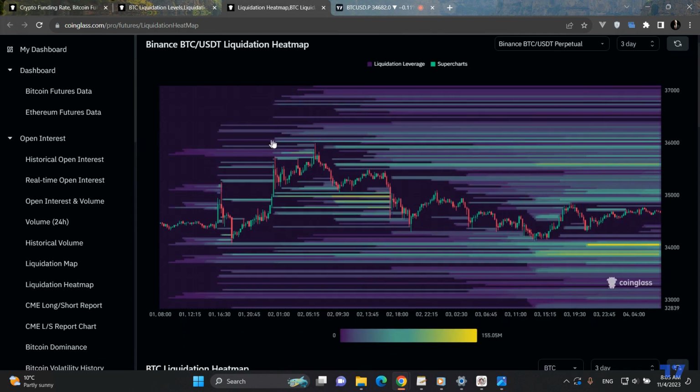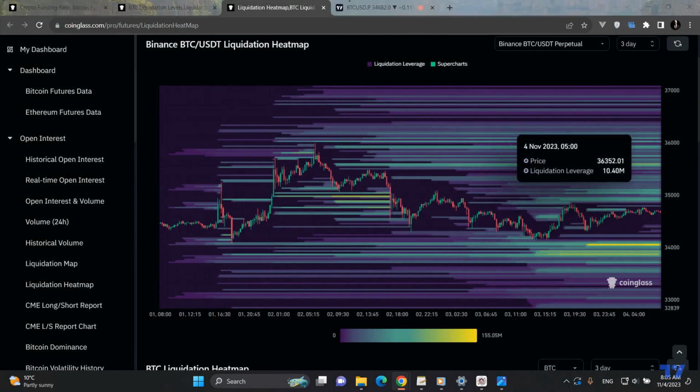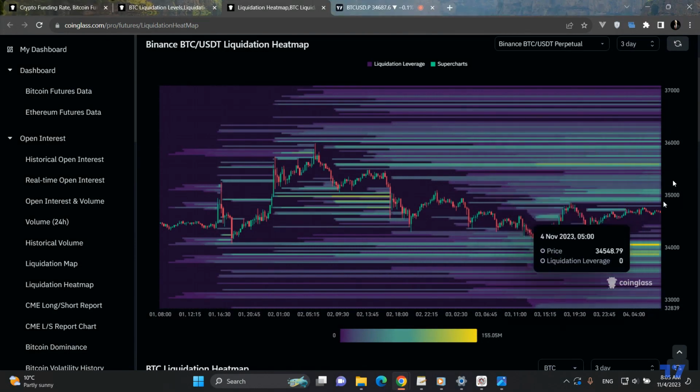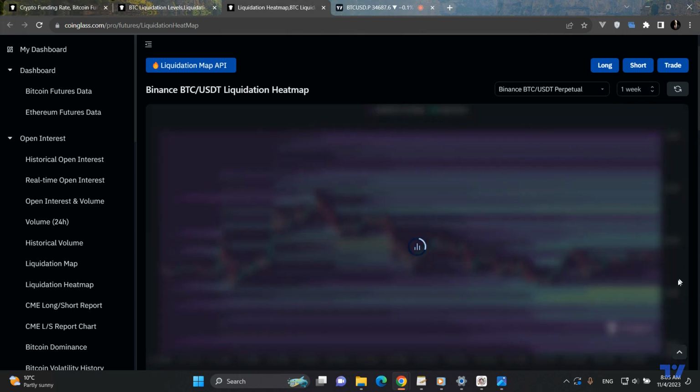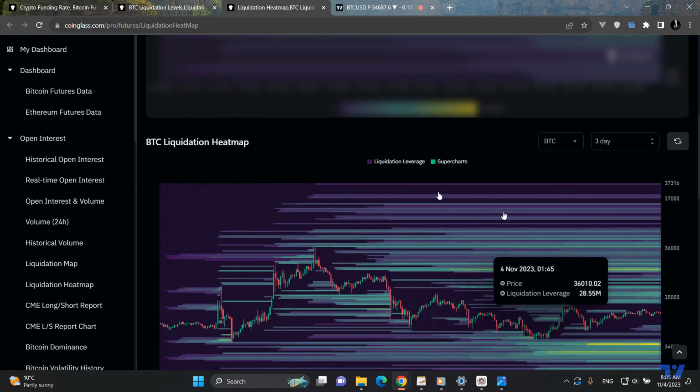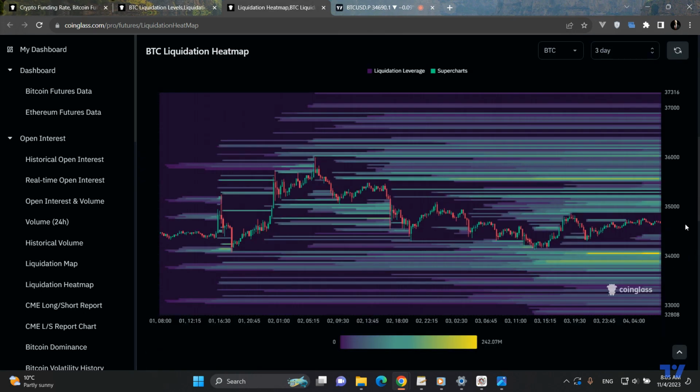Now, liquidity heat map, we could see to the upside, kind of empty. There is some spread, but not that much. If you look at it on the weekly, this is for Binance only. And let's take a look at this. This is the 3 days on the three exchanges. We do have 242 million, which is this big one, which is again roughly around where we said 34,000.